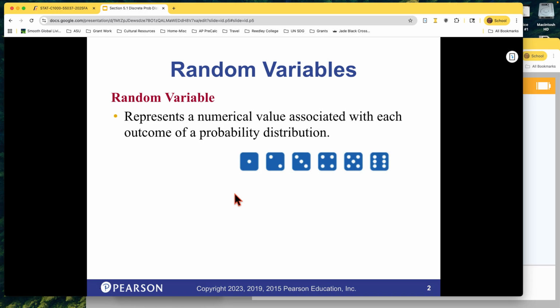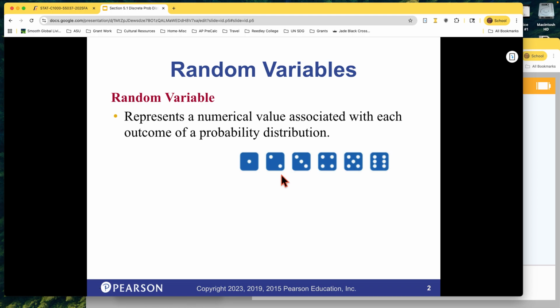So a random variable represents a numerical value associated with each outcome. Notice this is really just a dice with a 1 dot on it. It's not a 1, but we're going to assign it the value of 1. And this one, because it has 2 dots on it, we're going to assign it the value of 2.